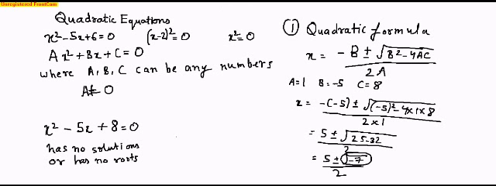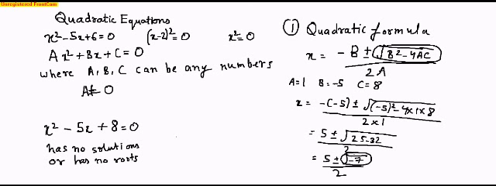So now since we have realized that this equation x square minus 5x plus 8 does not have any roots or no solution, and to realize that we plugged the values a, b and c in this equation. But if we look carefully, we would find out that b square minus 4ac is what matters for us to decide whether an equation has real roots or not. Because if b square minus 4ac is negative, as is the case here, that is equal to minus 7, then the equation has no solution.